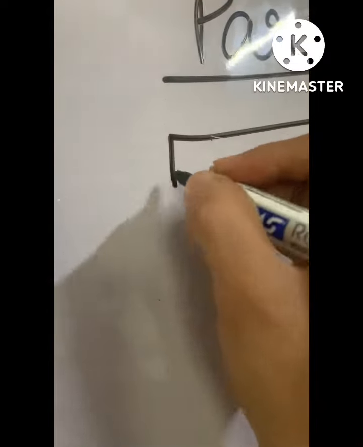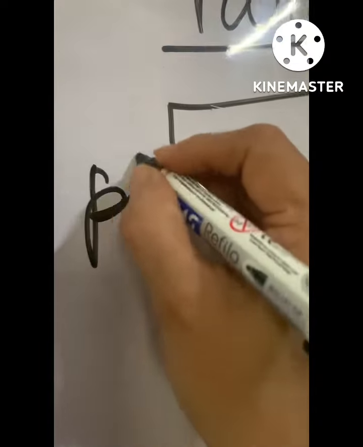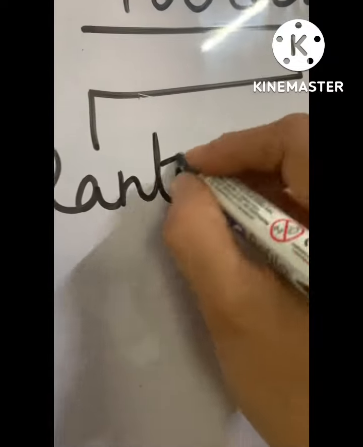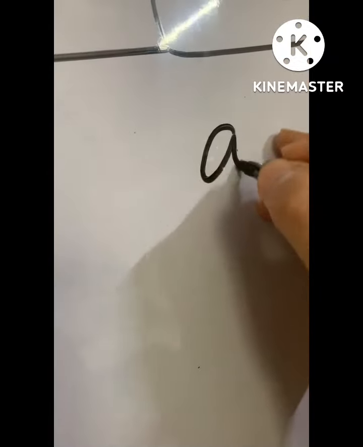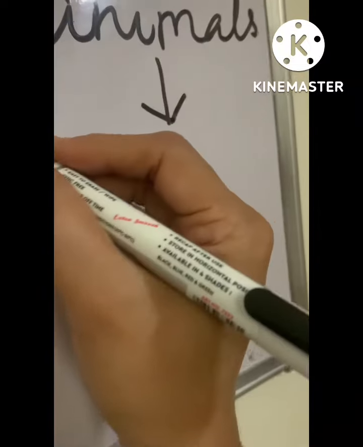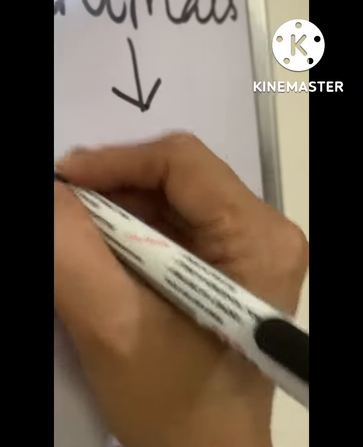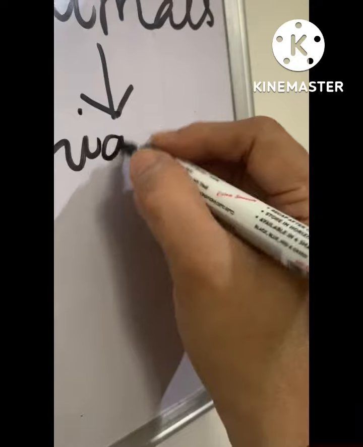And these parasites can be plants. Even plants can be parasites. There are also animal parasites. First, let us take up examples of animal parasites. Like you have heard of the malarial parasite, which causes malaria.